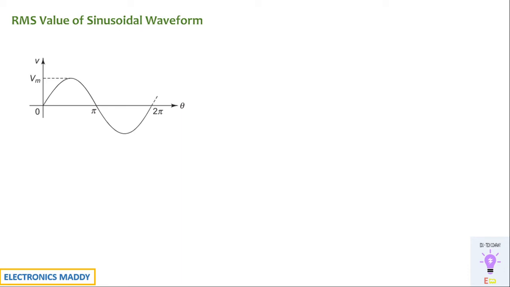Once this point is clear, we'll see how to calculate the RMS value for a sinusoidal waveform. Let us consider a sinusoidal waveform whose value is given by V is equal to Vm sine theta for a duration of 0 to 2 pi, that is one complete cycle. According to our previous relation, we have found the formula for RMS value. Although it's for current, we can apply the same for voltages and power as well.